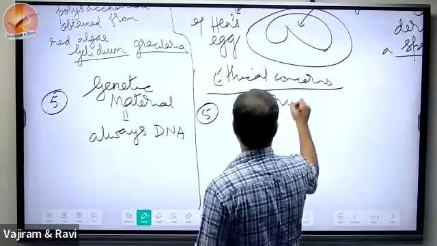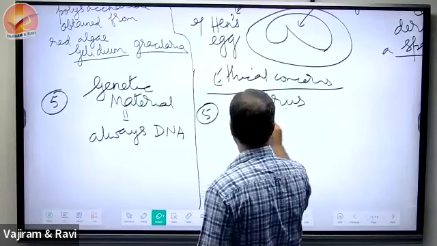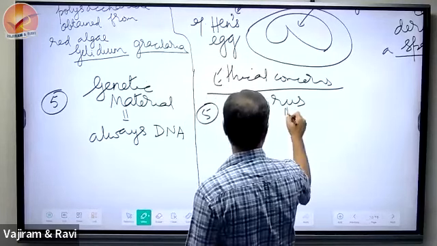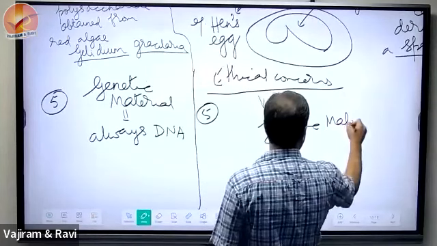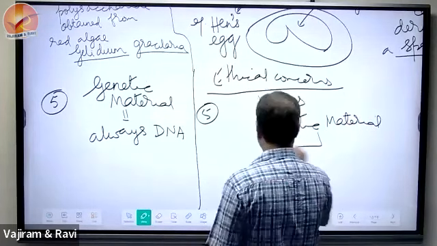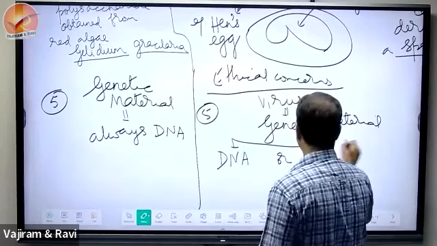For a virus, genetic material could be either DNA or the RNA.